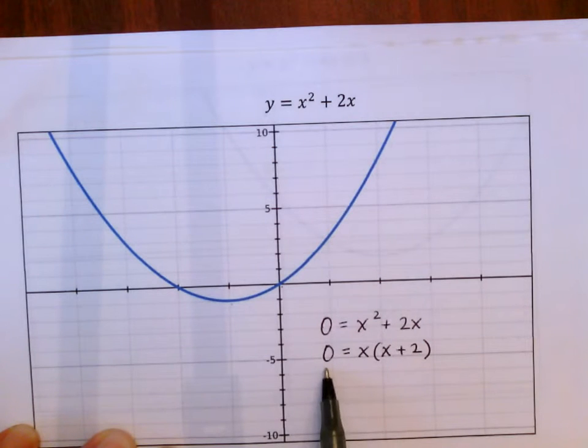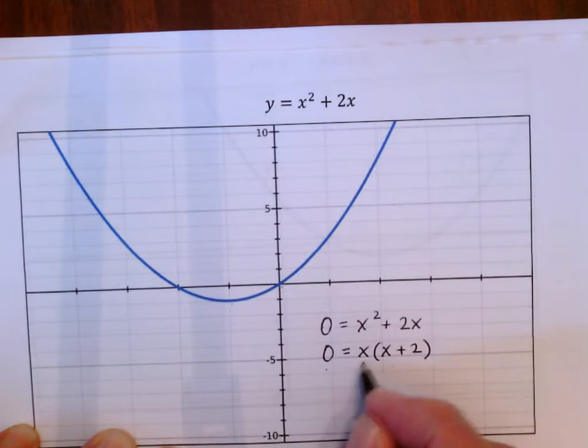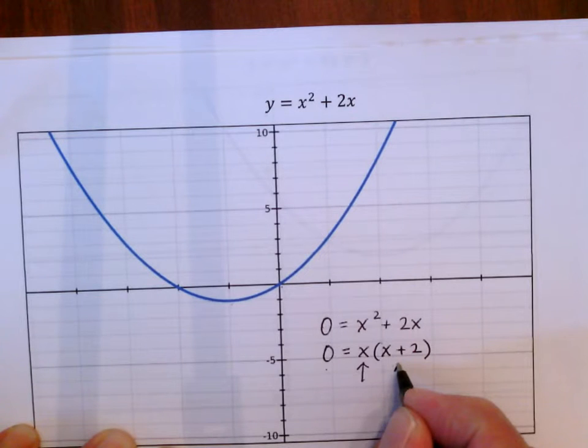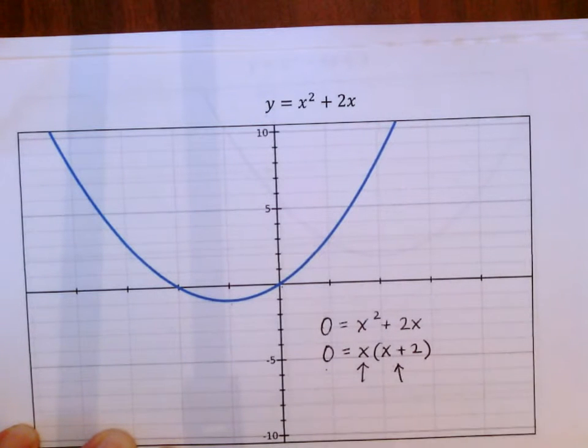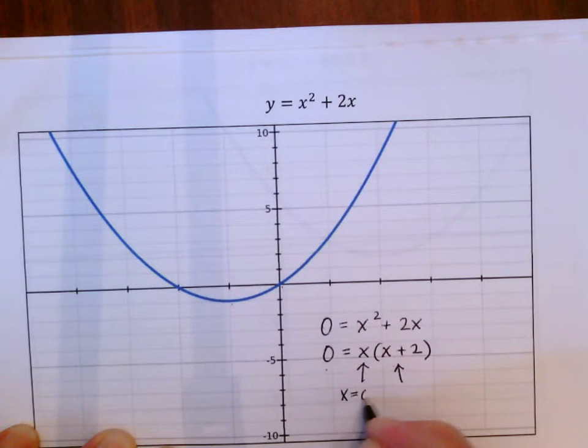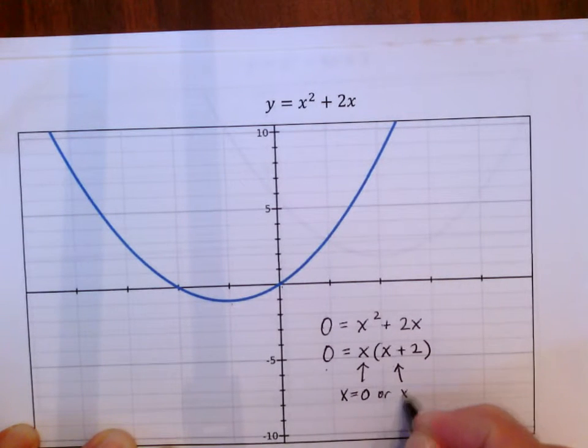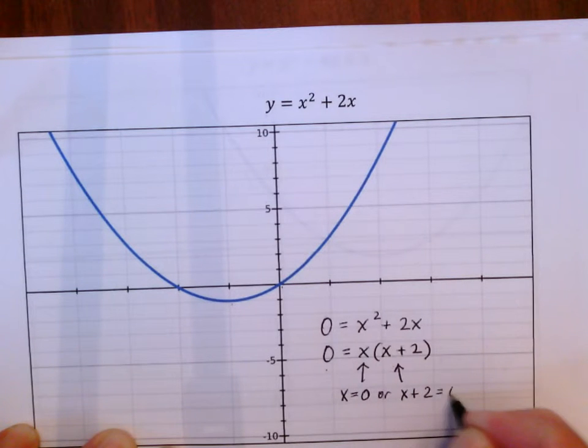Now the importance of having 0 then is because we can say, I have a product now that equals 0. So that's going to only happen if one of my factors equals 0. So I can look at each factor separately and say the solutions to my equation are either x equals 0 or x plus 2 equals 0.